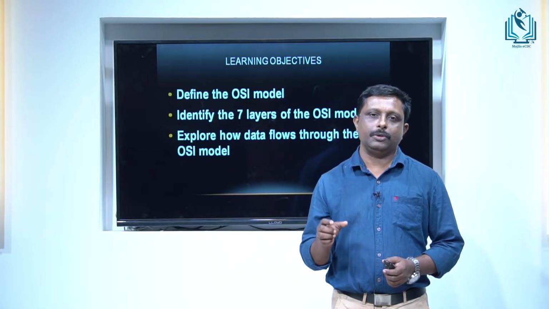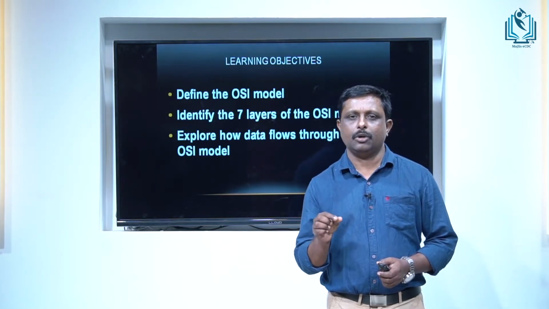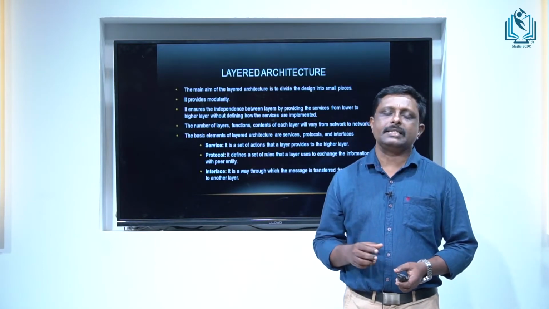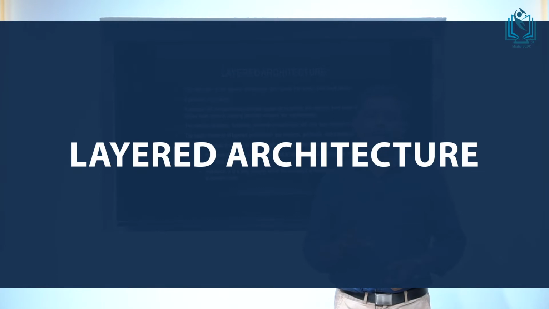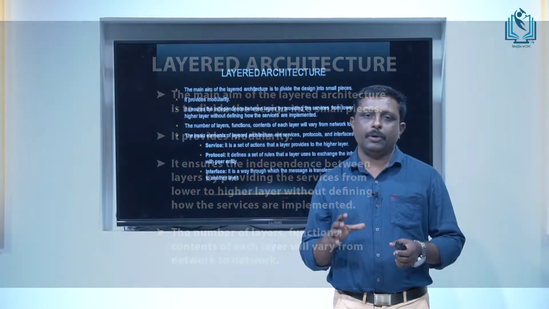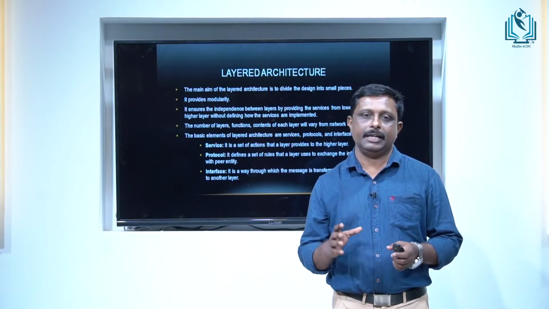Before taking up the topic, we have to discuss layered architecture. Layered architecture means that a communication software has to complete its communication process. A lot of tasks are needed for the successful completion of the communication.